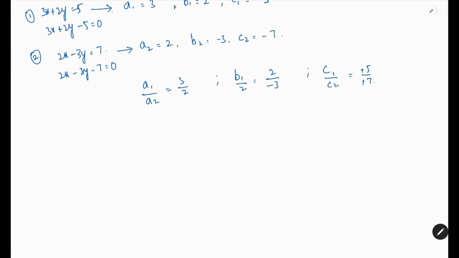So here can we tell that a1 by a2 is equal to b1 by b2? No. Is b1 by b2 equal to c1 by c2? No. So here a1 by a2 not equal to b1 by b2, not equal to c1 by c2.